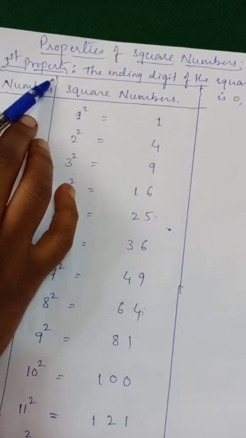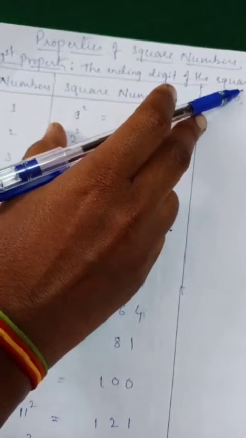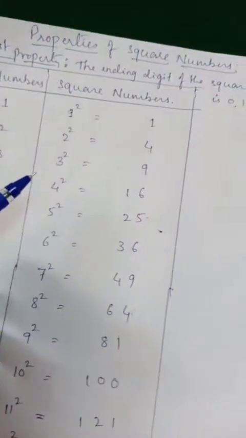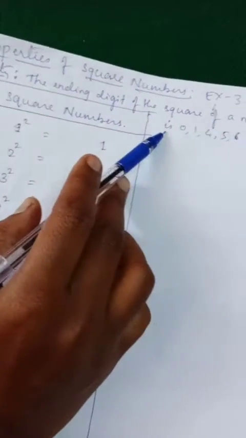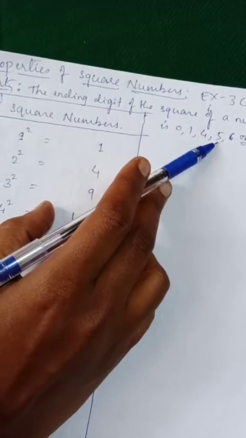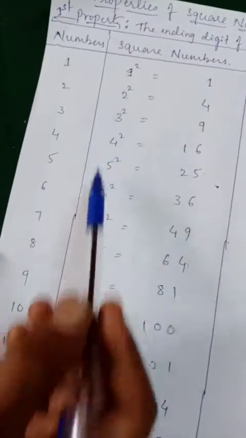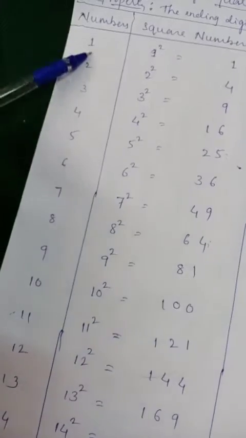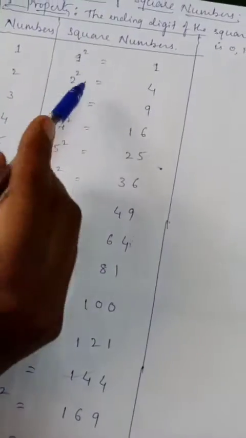So first property, the ending digit of the square of a number is 0, 1, 4, 5, 6 or 9. So observe this pattern. These are the numbers 1, 2, 3, 4 up to 15 and so on.